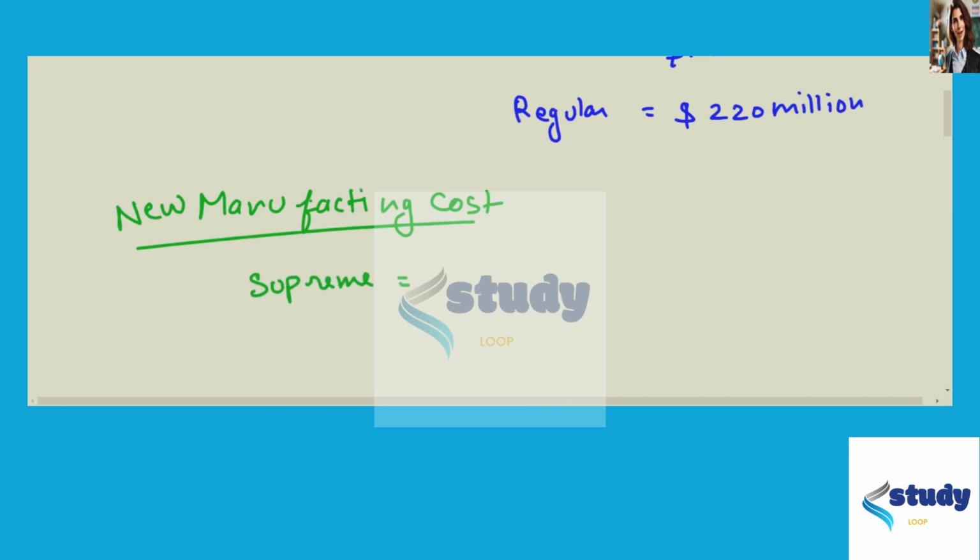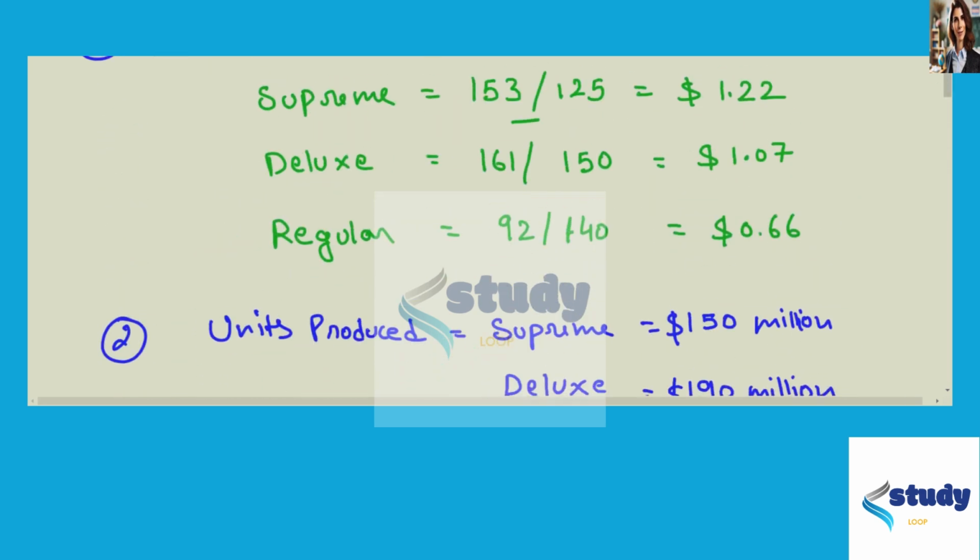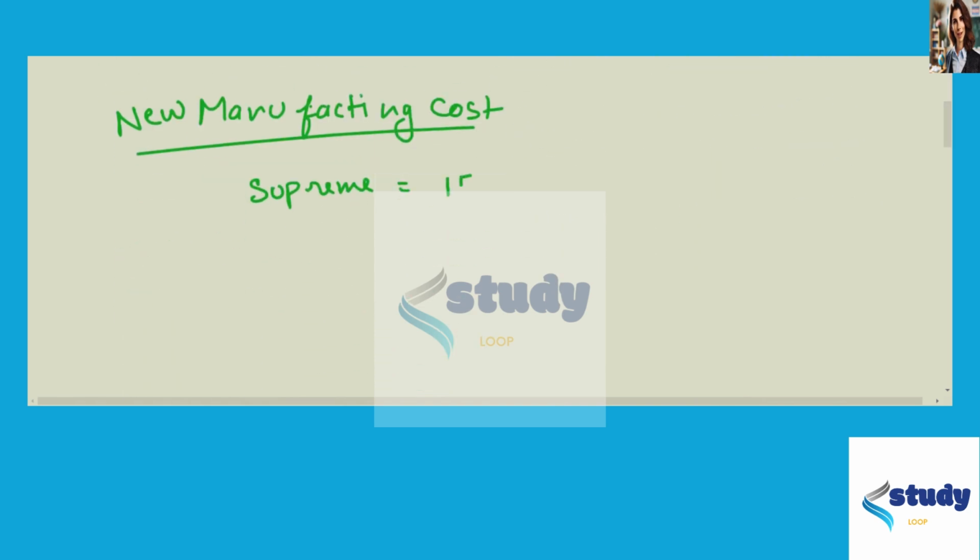is equal to total manufacturing cost, that is 153, divided by new units produced, that is 150, which on solving gives $1.02. Next is Deluxe.